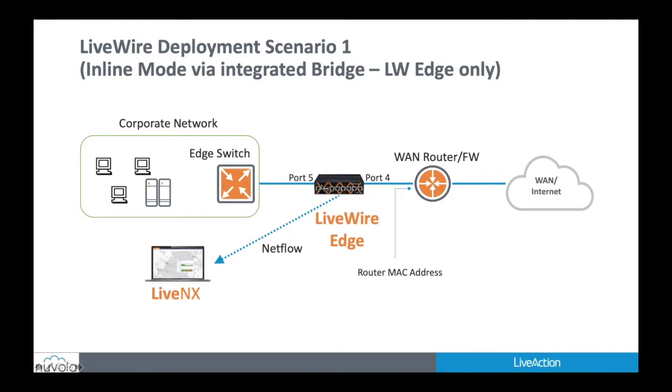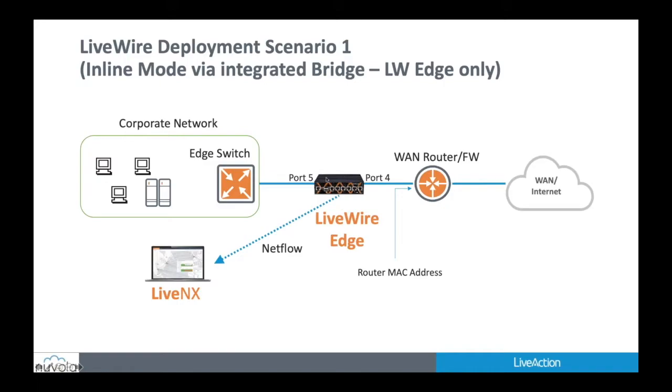So this product is actually physically in line, and the connections are over a bridged interface. So what does that mean? Well, first of all, it's transparent to the data flow, so it's not participating in any IP forwarding, IP routing, or anything like that. It's completely transparent.